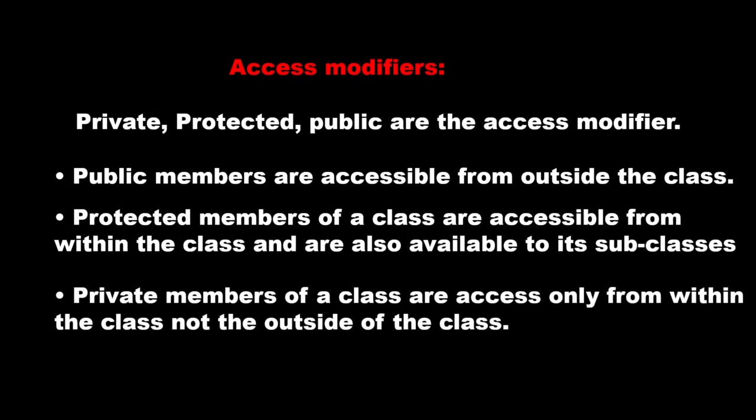Private members of a class are accessed only within the class, not outside the class. Protected members can be accessed within the class and also by its subclass. Public members can be accessed by anyone outside the class. So this is about access modifiers.